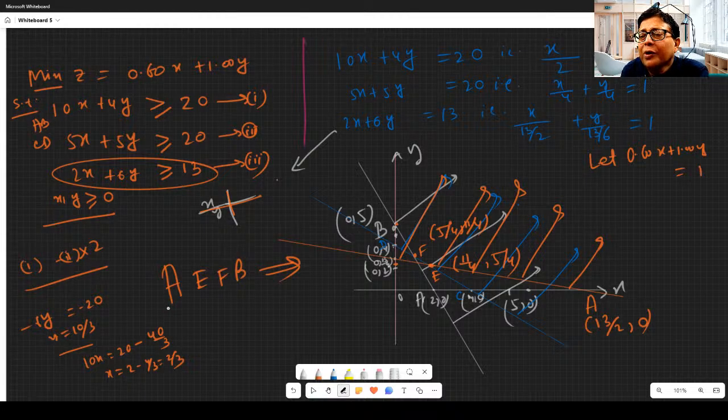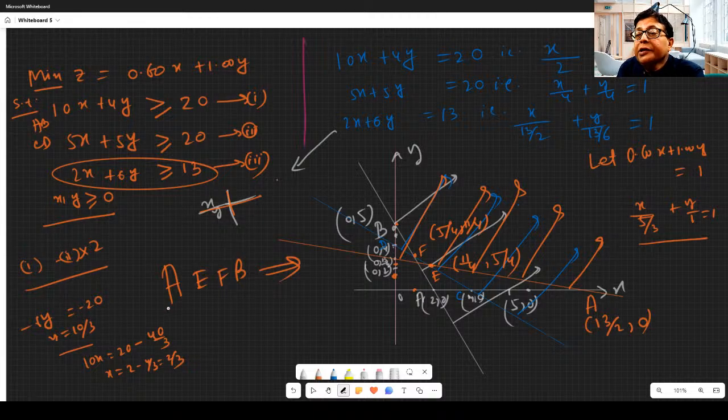So 0.6 is what? 3 by 5. x by 5 by 3, y by 1 equal to 1. So 5 by 3 is a point somewhere like this, 1 is a point somewhere like this. Okay? You move it parallel to it, where it will intersect closest to the origin, that will be the optimum.